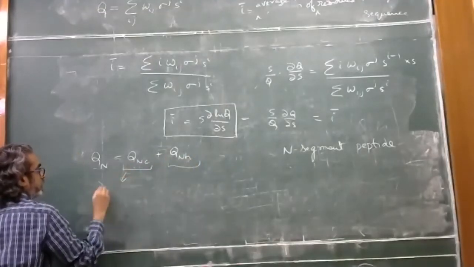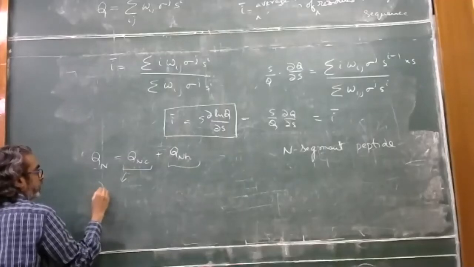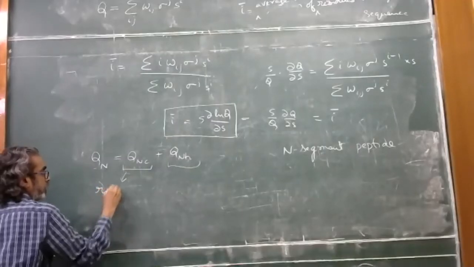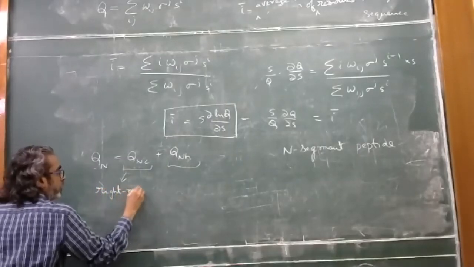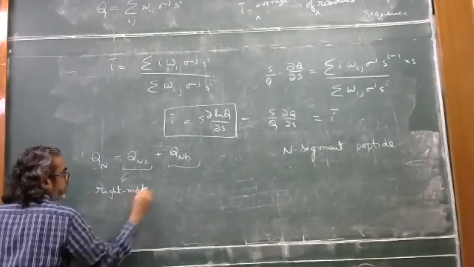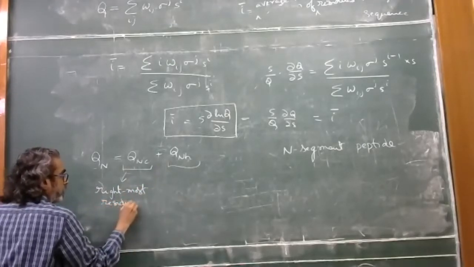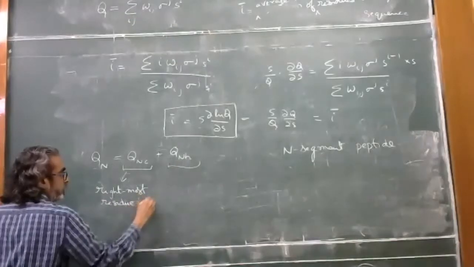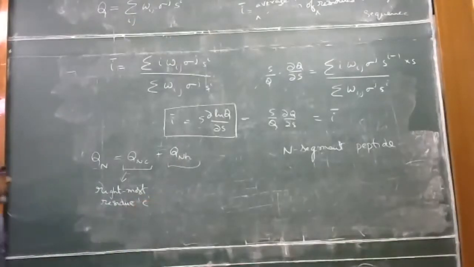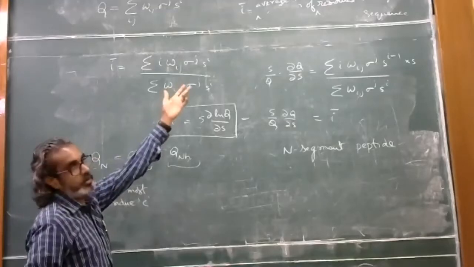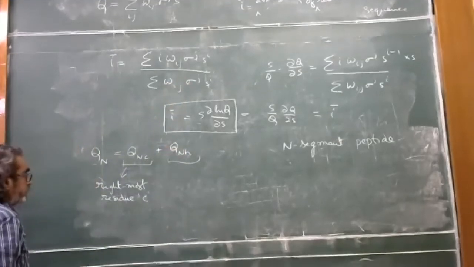So the partition function of the molecule where the rightmost residue is C, coil, and the remaining residues have only two choices, coil or helix, since we are talking about the coil helix transition.